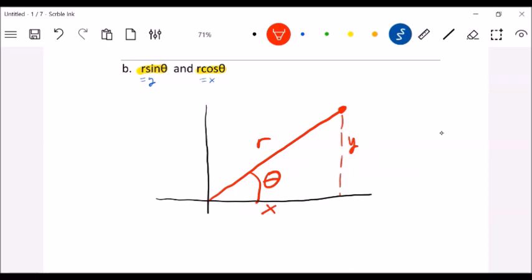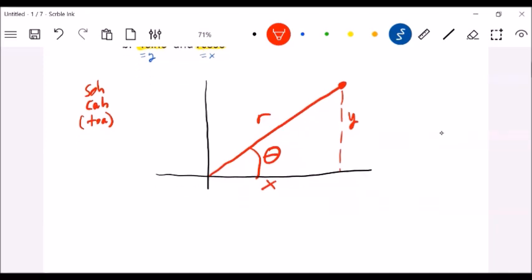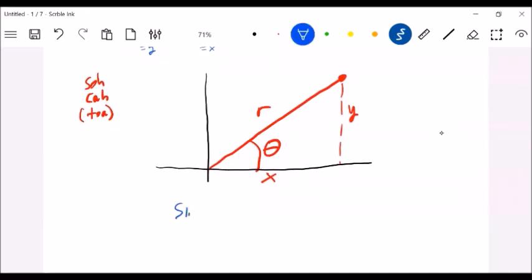Well, we know our sine, cosine, tangent. We know SOH CAH, and we're not going to use TOA at this point, but we're going to use SOH and CAH. The sine of theta is equal to the opposite amount divided by the hypotenuse.